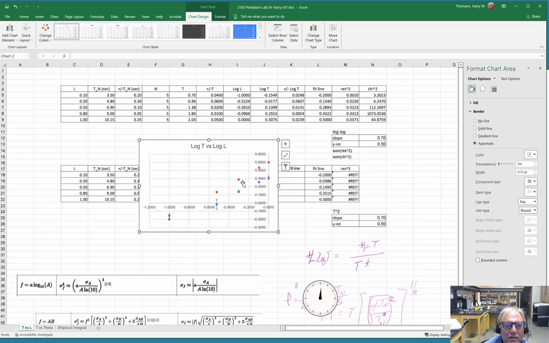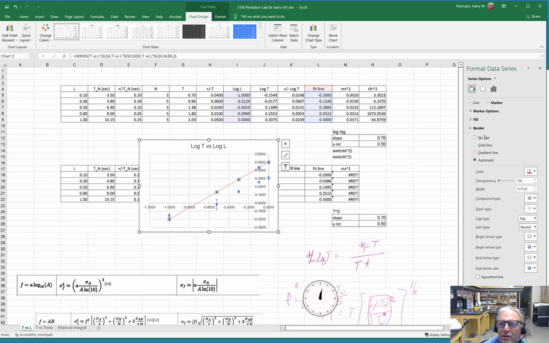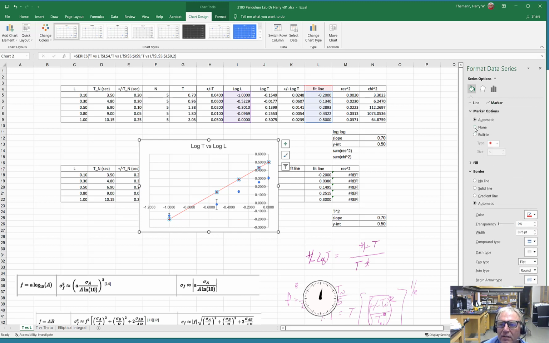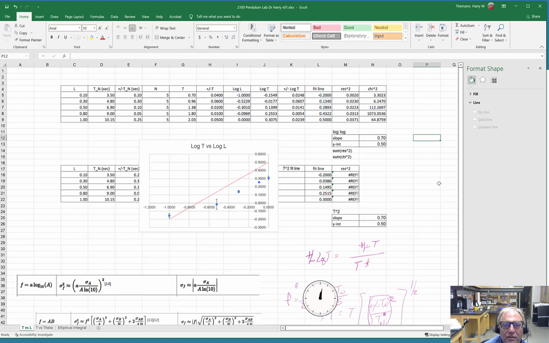And okay. And we need a solid line. And you can put any color you want. And what else? No marker. None. Okay, we're on our way.